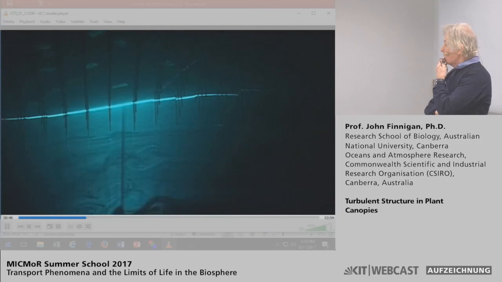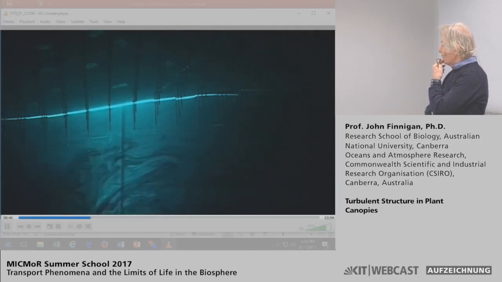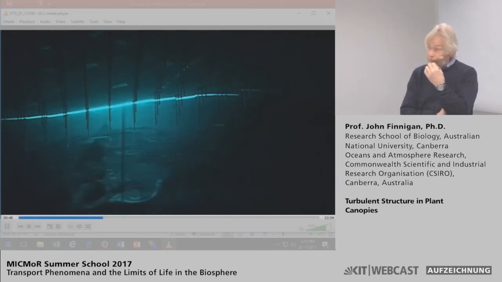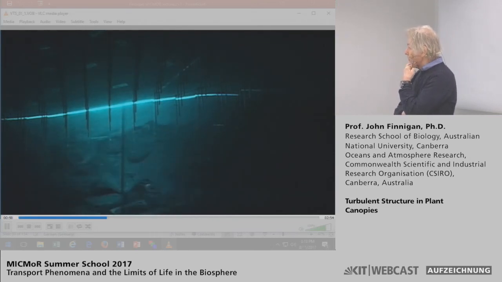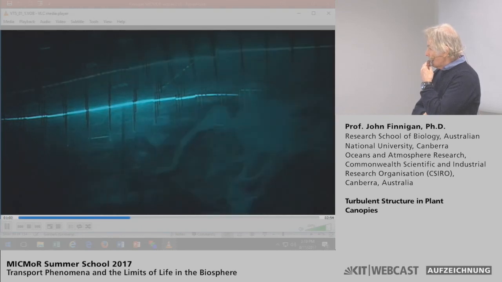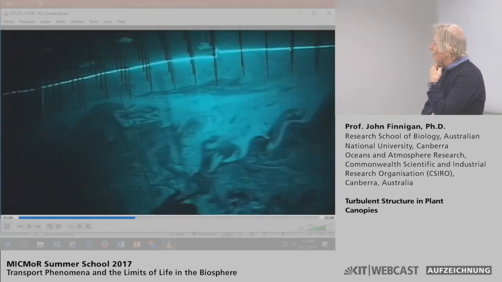But the canopy air is stably stratified. And if you look closely, you'll see that it's actually moving downhill within the canopy while it goes uphill over the canopy. We'll see this a bit more clearly in a moment. You see the occasional eddy penetrating down there, but the steady downward creep of air within the canopy while it goes over the top. Here we go, a bit more smoke.